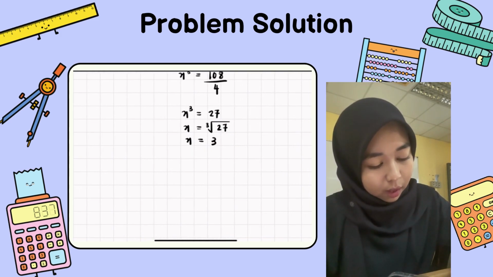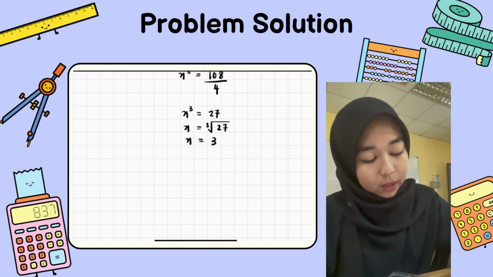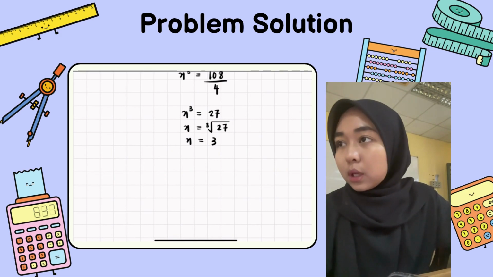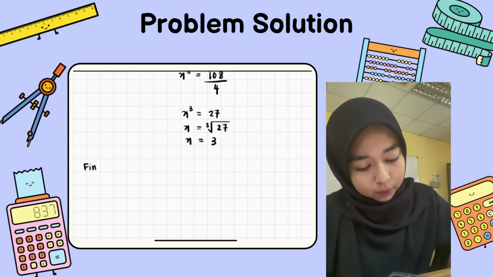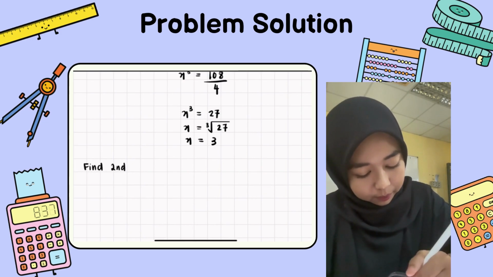After finding the value of x, we need to find the second derivative, which is step 3.